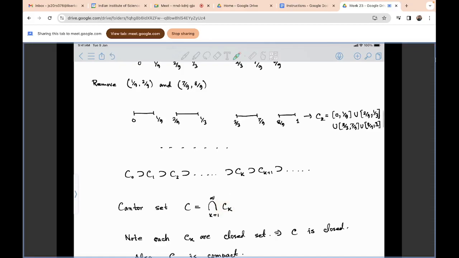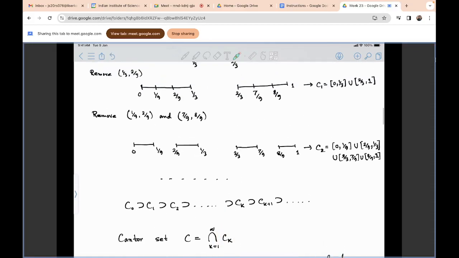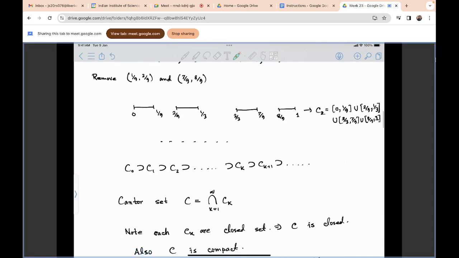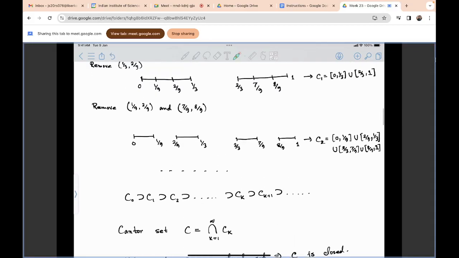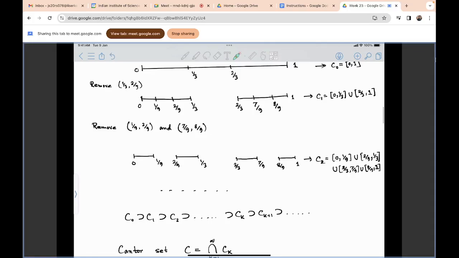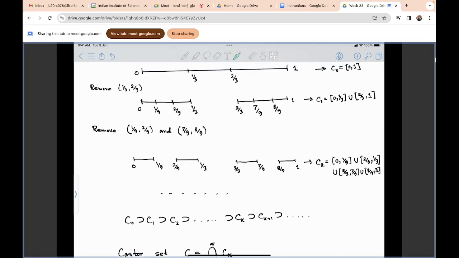Note that this Cantor set is non-empty, because at each step the endpoints 0 and 1 are always in the Cantor set. So C is non-empty. Also, one important property: at each step we have a closed set.